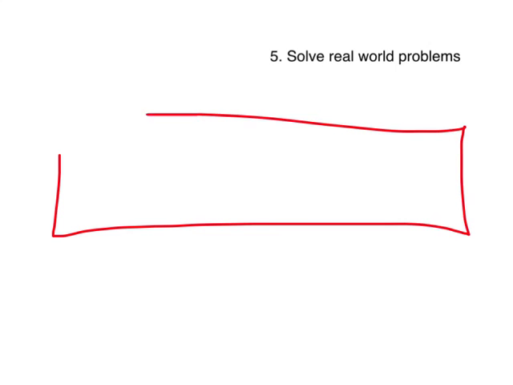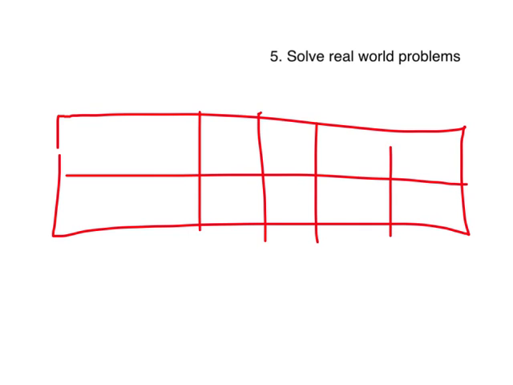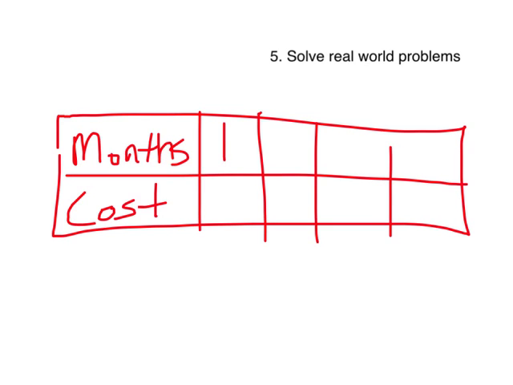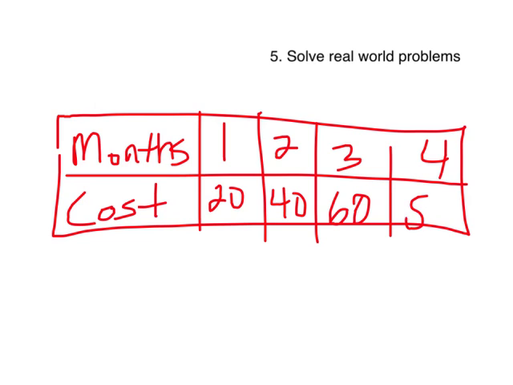In 3 months, how much did it cost to pay for that cell phone plan? So they're looking at those type of patterns, and they'd probably be given a chart like this, and it would say maybe months, cost, let's say 1 month it cost $20, and 2 months it cost $40, 3 months $60, 4 months $80.